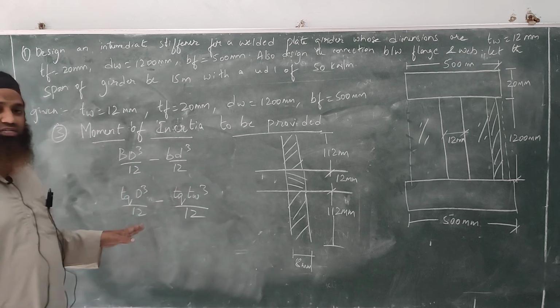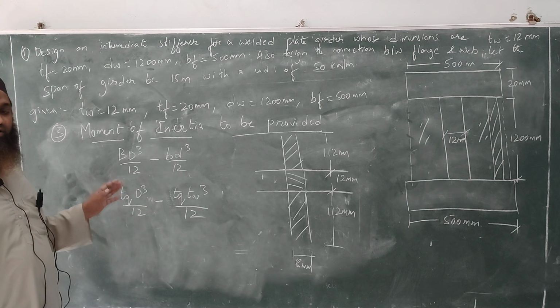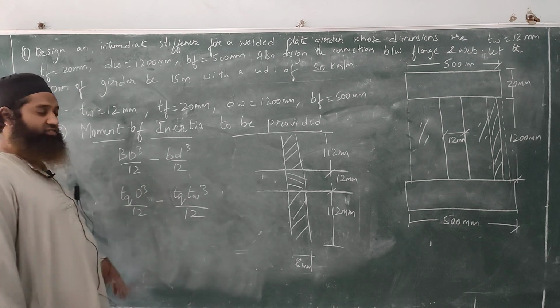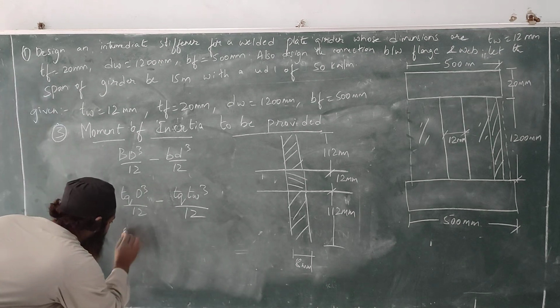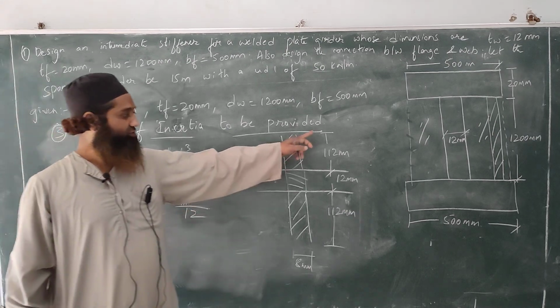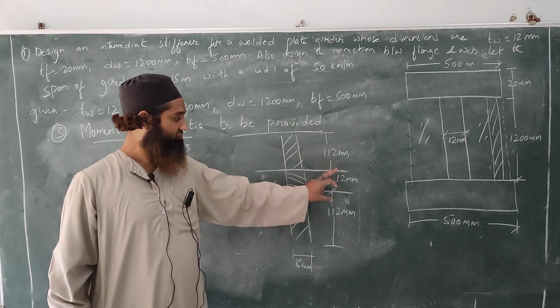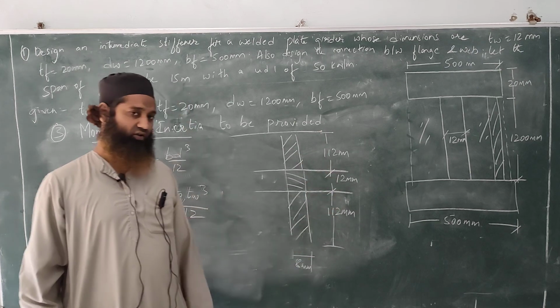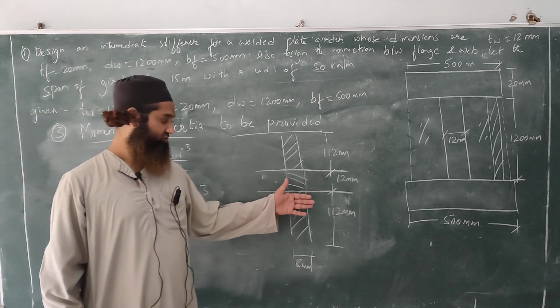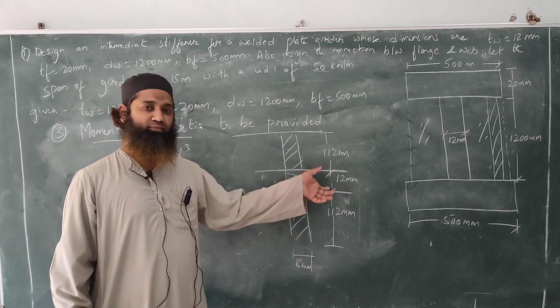I'll just substitute these values and we'll see what moment of inertia we are providing here. So TQ, as you know, is 8. 8 into D cube, capital D. We have to take this D whole, 112 plus 12 plus 112. So 112 is the outstand of the stiffener coming out on both sides of the web, and 12 mm is the thickness of the web.